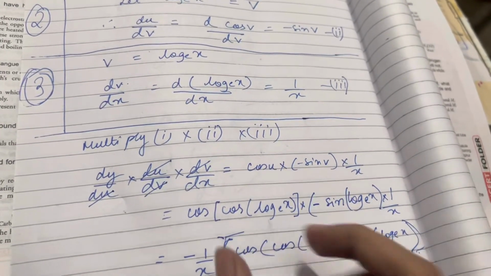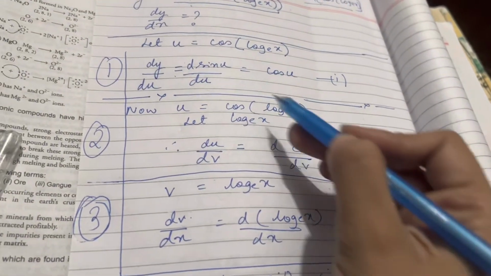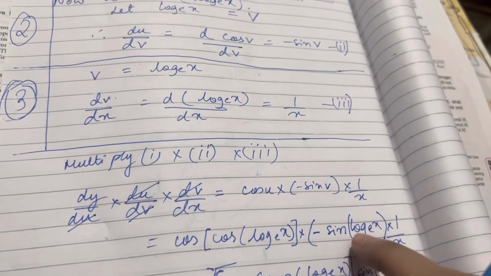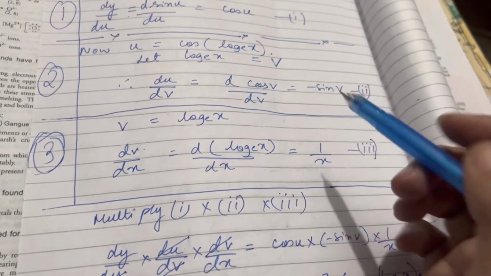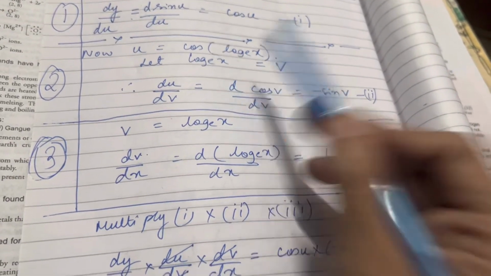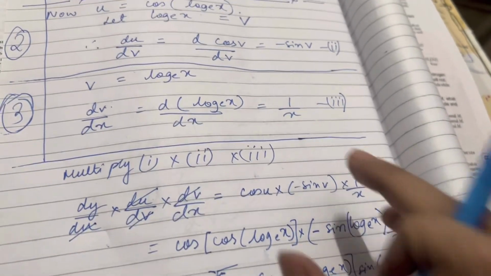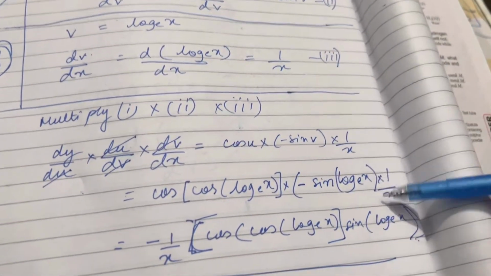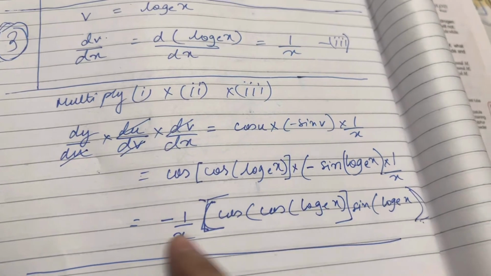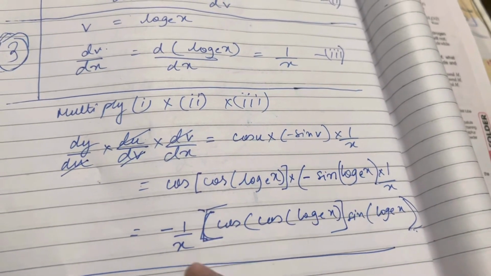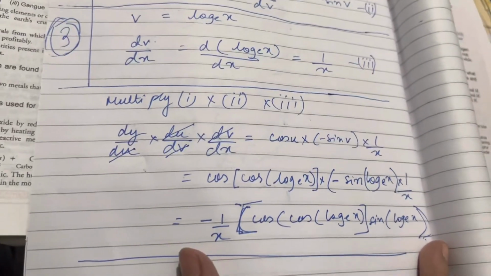Instead of u, write the value: u was equal to this. Then instead of v, we need to write log x to the base e. And this is already 1 by x. I have arranged it properly. This minus came here, minus 1 by x, and this will be my answer.